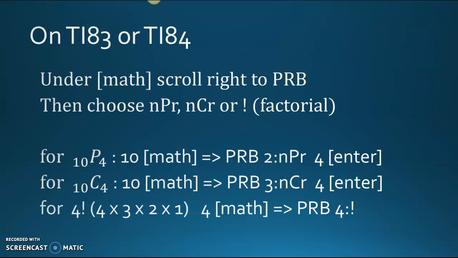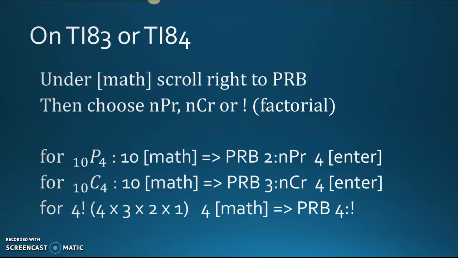So if I wanted to take the number of permutations, taking 4 out of 10 things, I would type 10 before I hit the Math button. 10, Math, scroll over to where it says PRB, go down to where it says 2 colon nPr and hit enter. Type in 4, hit enter. You can probably hit just the 2 instead of scrolling down, but it doesn't matter.